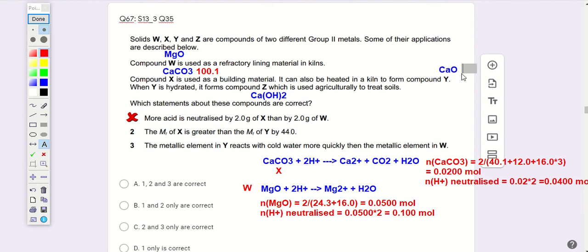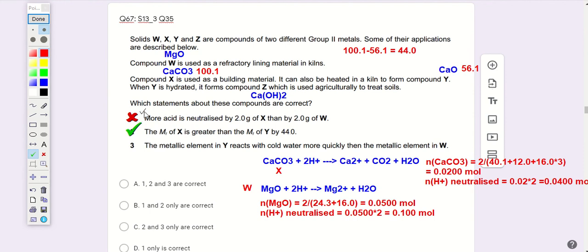Calcium oxide is 40.1 plus 16, which is 56.1. So what's the difference? 100.1 minus 56.1 is 44. So statement number 2 is correct.